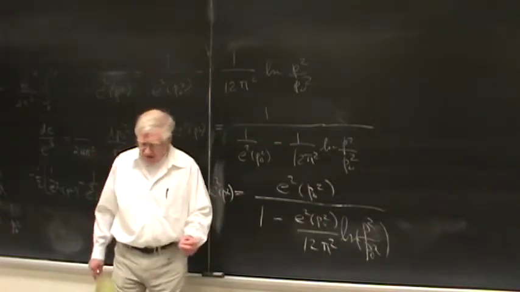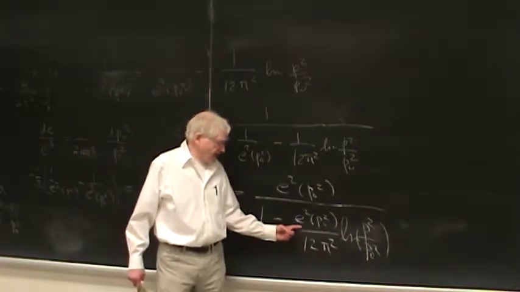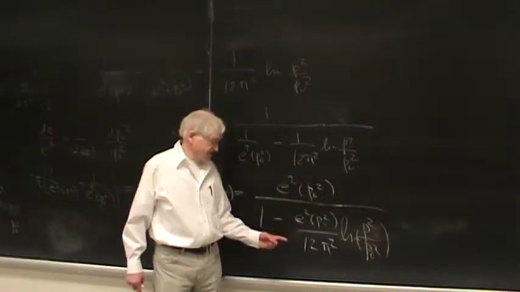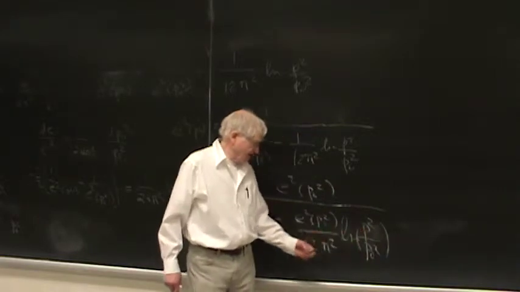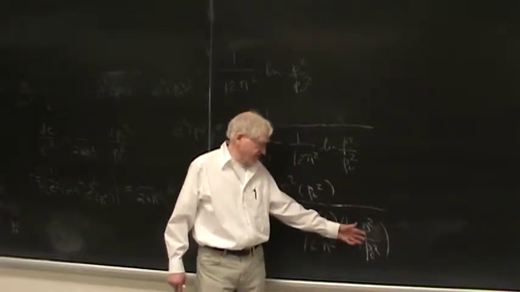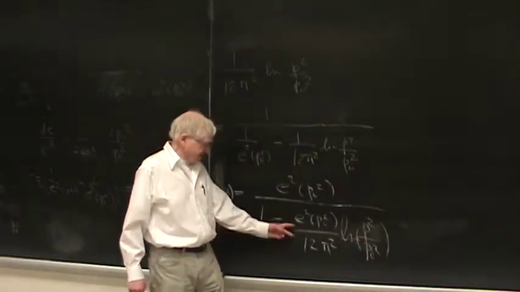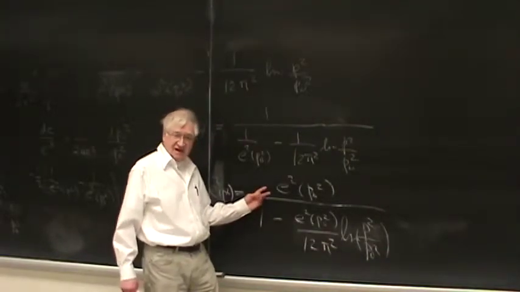And now, what you see here is that the thing rises, because as this goes from 0 to something positive, this thing starts subtracting from 1, so you get a bigger value.